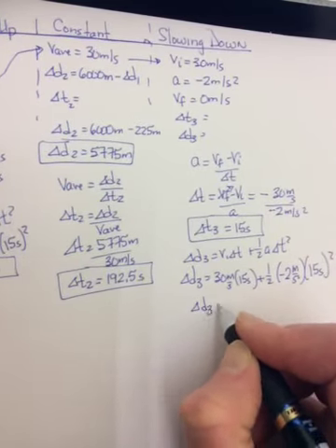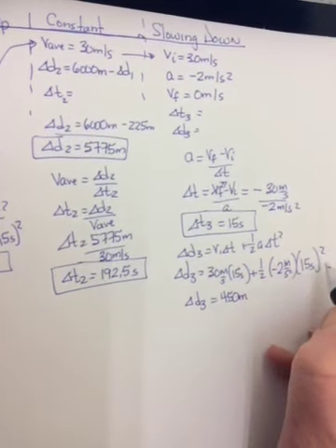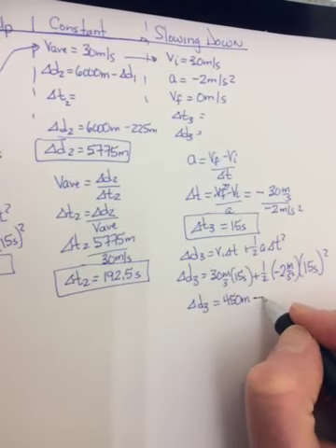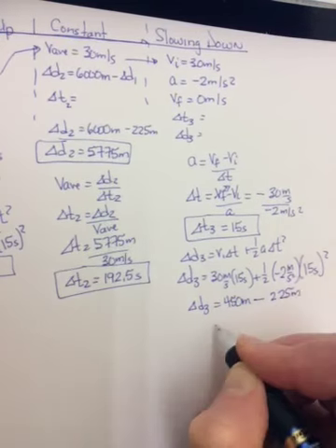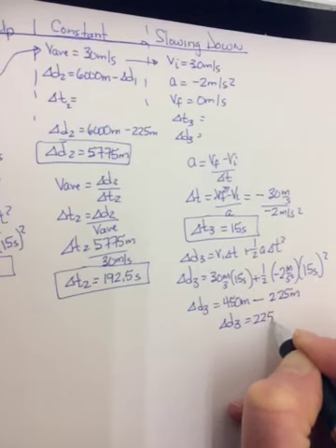So 30 times 15 is 450 meters. 15 squared is 225. Half of negative 2 is negative 1, so it's going to be minus 225 meters. So delta D3 is 225 meters.